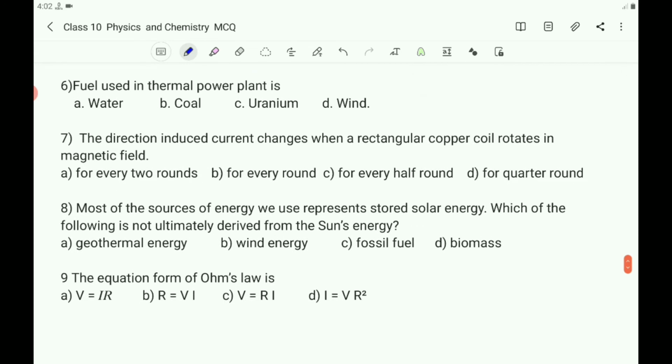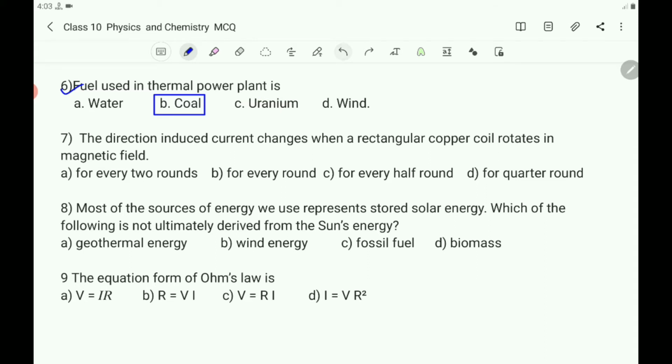Next, sixth question. Fuel used in a thermal power plant is coal. You know that in a hydro power plant water is used, in a windmill wind is used, and in a nuclear power plant uranium is used.